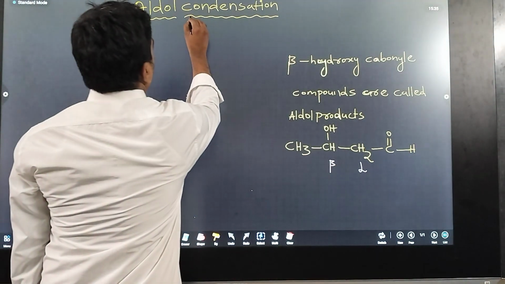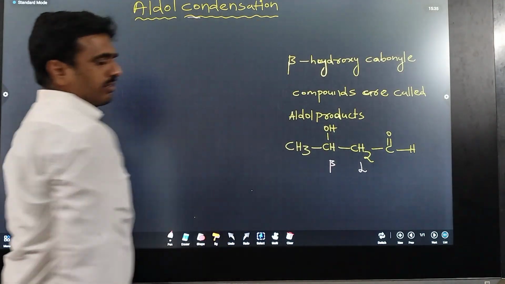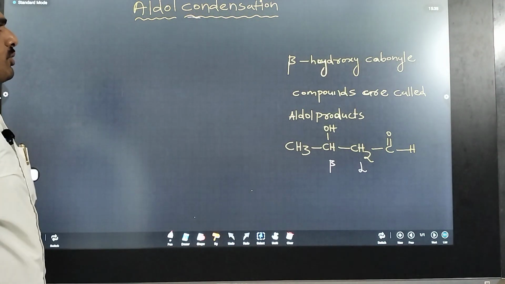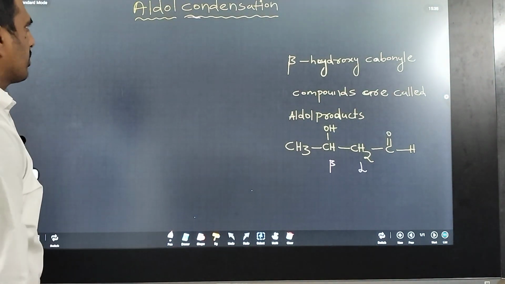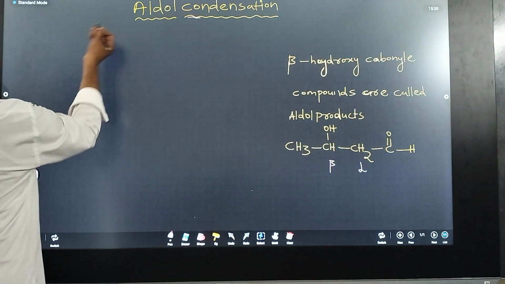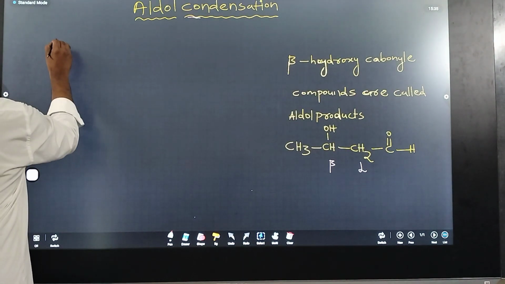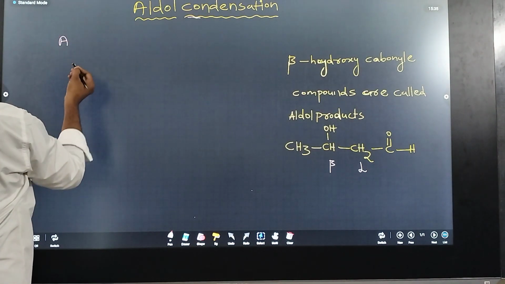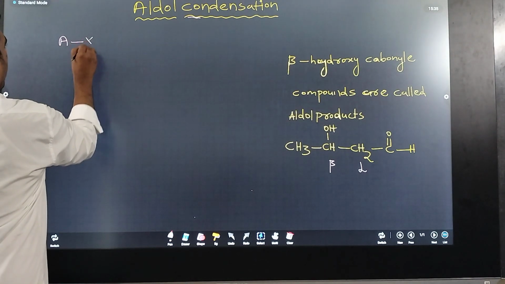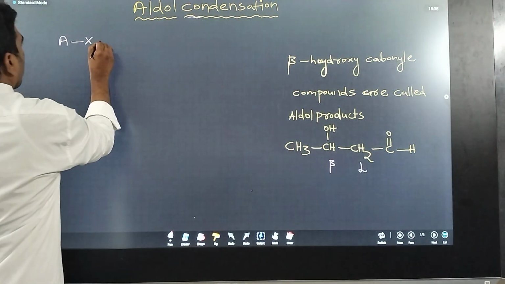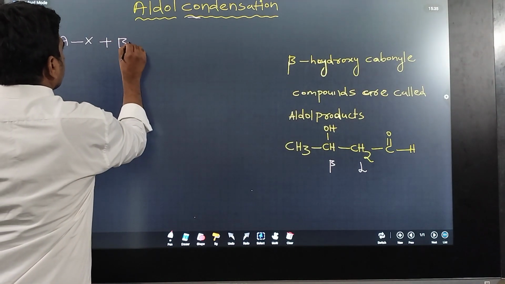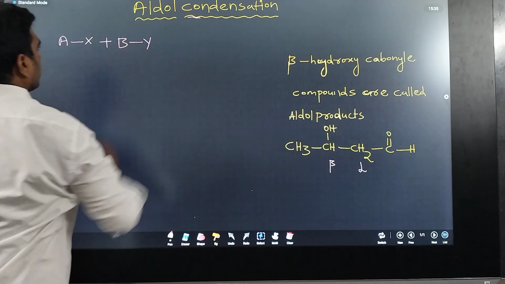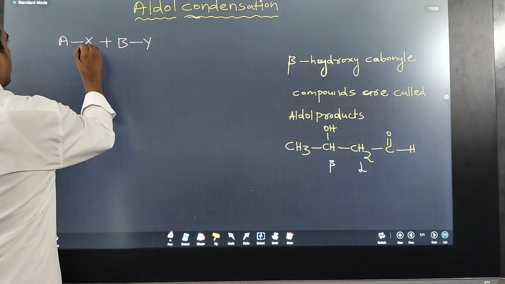Next, the condensation term is there. So what is the condensation? Condensation means addition followed by elimination. Suppose an A-X compound is there and a B-Y compound is there.